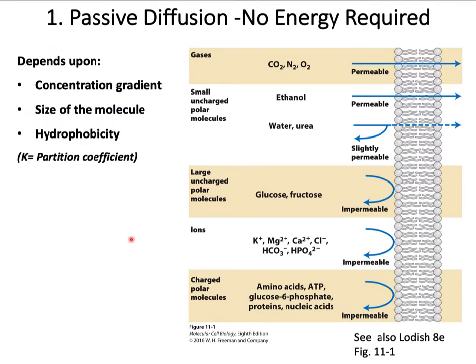Some substances move readily and rapidly across the membranes by passive diffusion. In this case, these substances are moving down their concentration gradient from high concentration to low concentration, so no energy is required. There is only a small group of substances that can cross biological membranes, and these include the gases as shown in here.